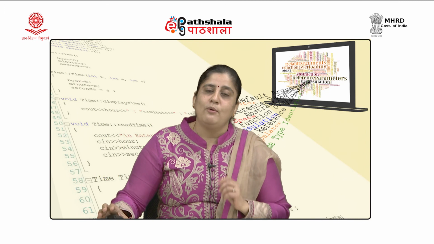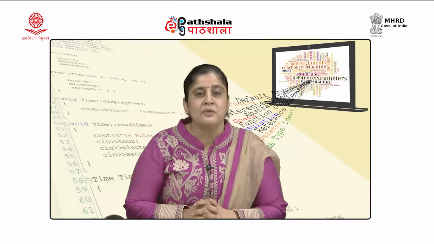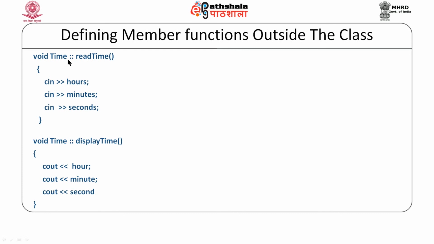You may recall one operator that we discussed in the previous module, that is the scope resolution operator. This scope resolution operator has another use here, that is, we can use it to specify this. Now, the function's return type is void, the name of the function is read time and it does not have any argument. With the help of the scope resolution operator, we are specifying that read time is a member function of the time class.